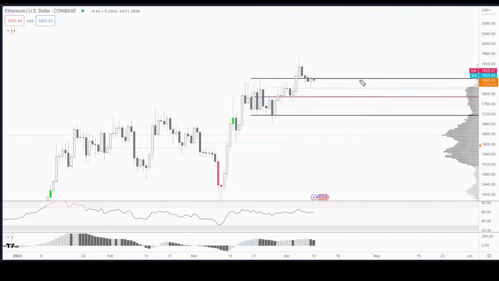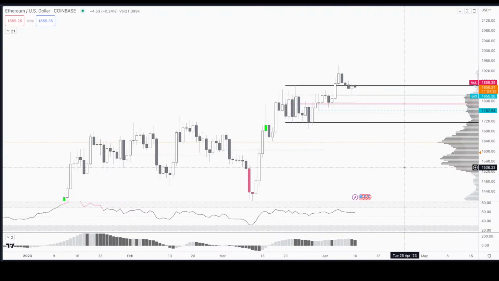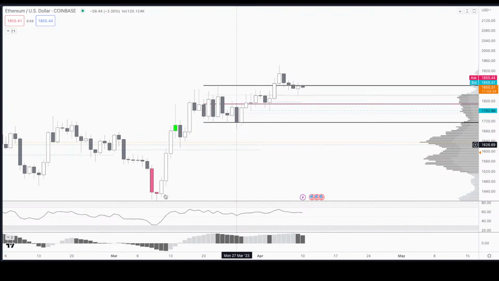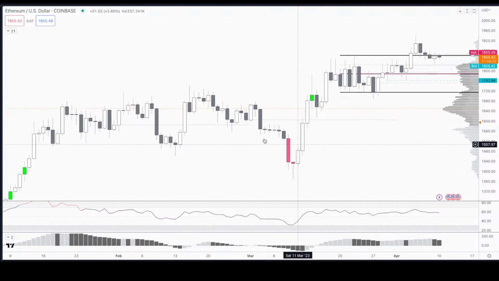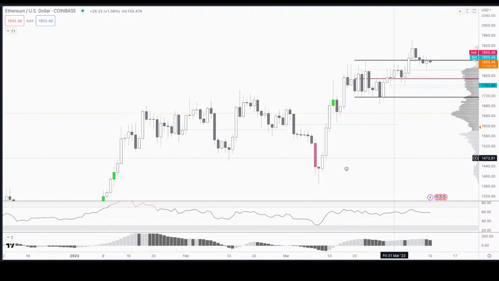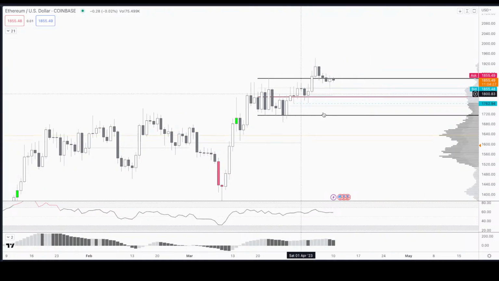Unless it starts moving away, you should be expecting at least attacking these, because these are the lows that it's left behind. Not particularly important if it's trending strong, then these lows can be left, no problem, but it's not really trending right now. It's just stuck inside here.